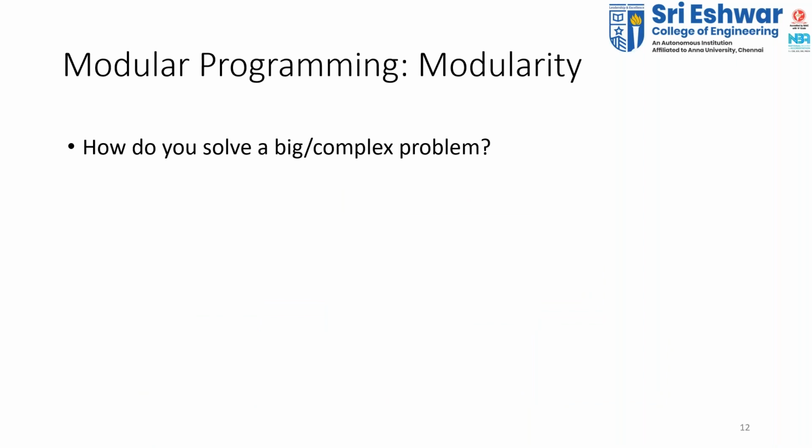Okay, so for example if you look at the corporate side, we will have many projects, many complex problems. Those complex problems will be split into a number of small programs and given to individual teams.